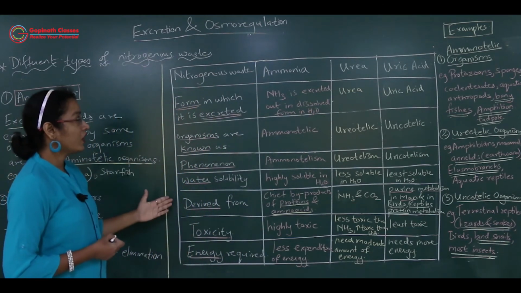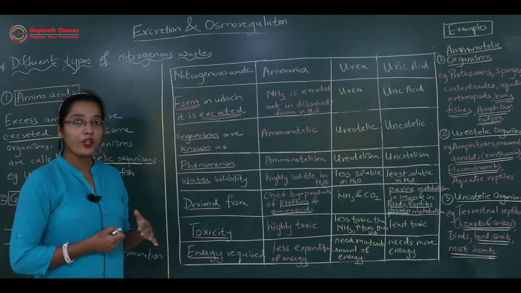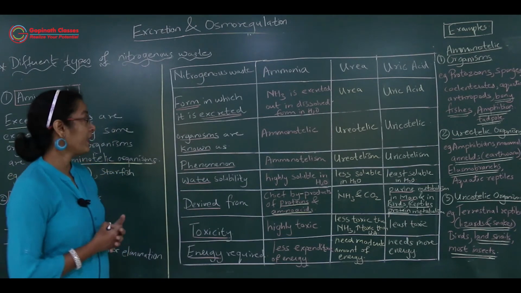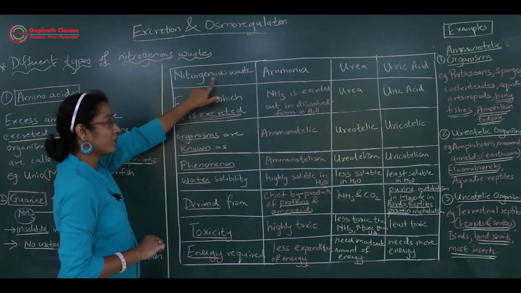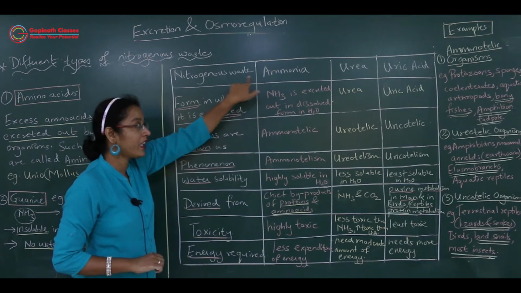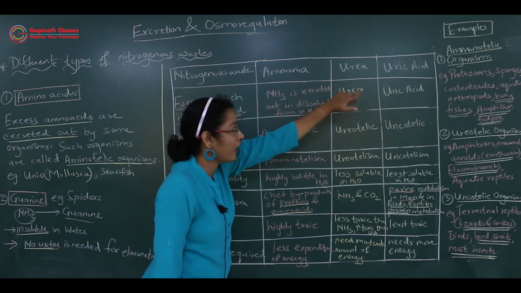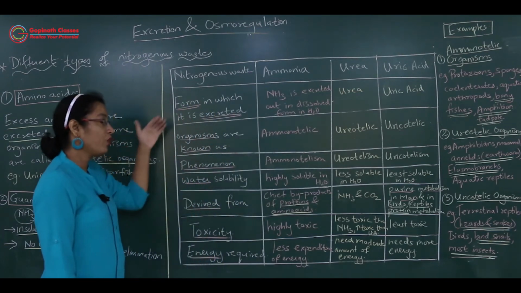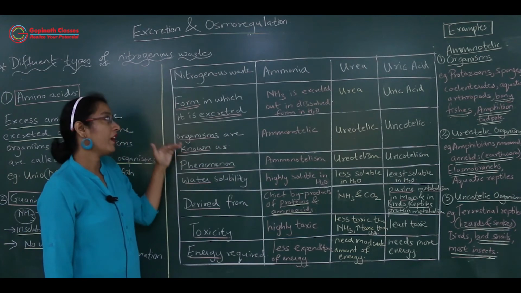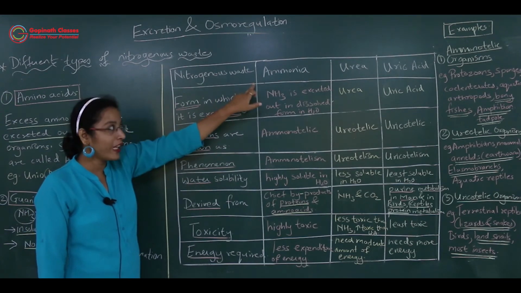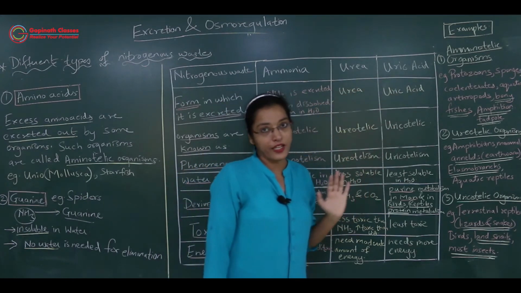Here I have made a chart to make it easy to learn more details about these three. The first column is nitrogenous waste. This is the row wherein I have written the different types of nitrogenous waste, that is ammonia, urea and uric acid, and we'll be discussing each and every point and detail about ammonotelic organisms, ureotelic organisms and uricotelic organisms.